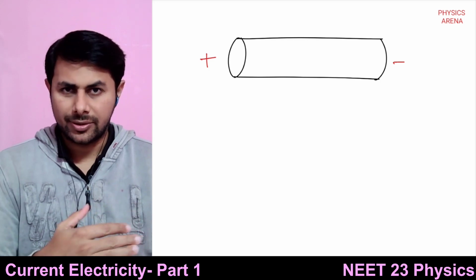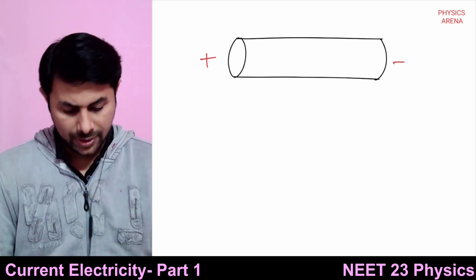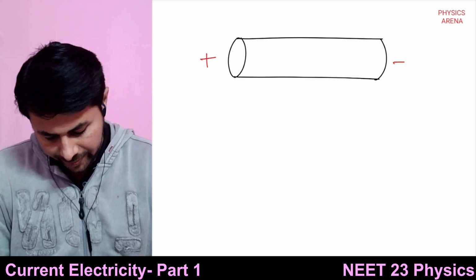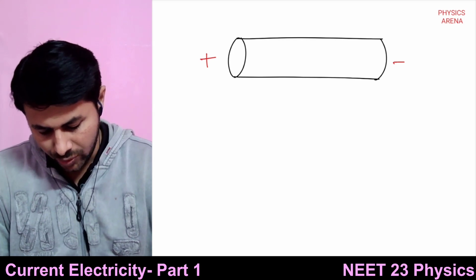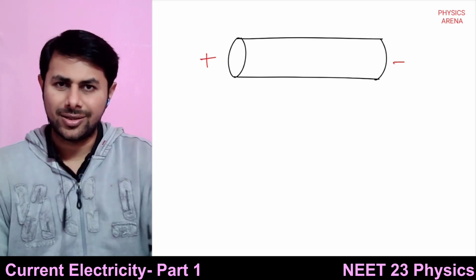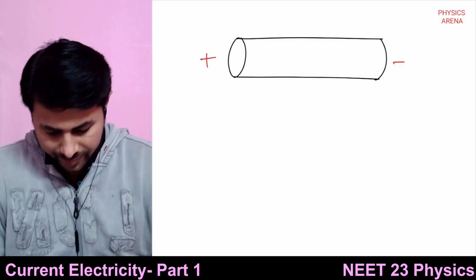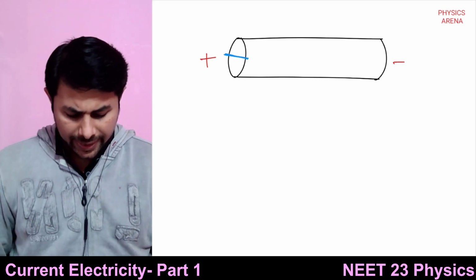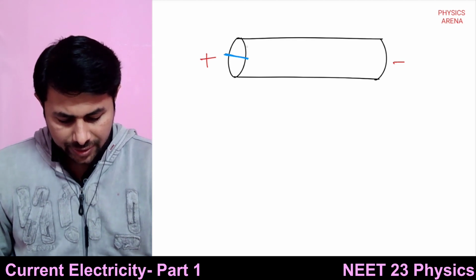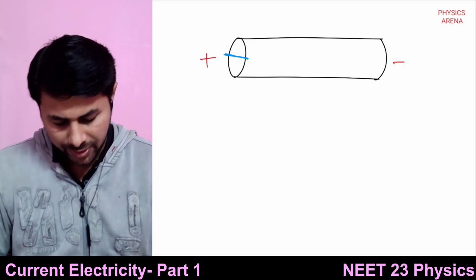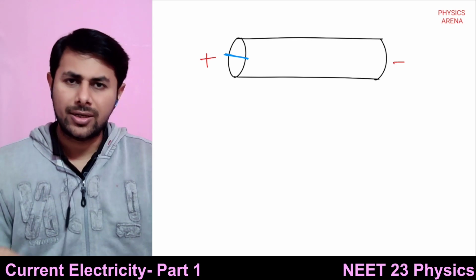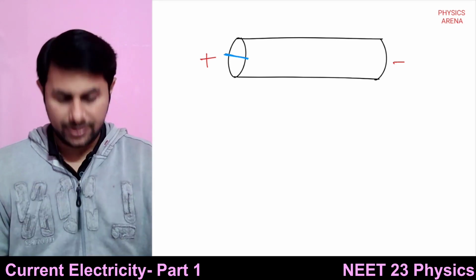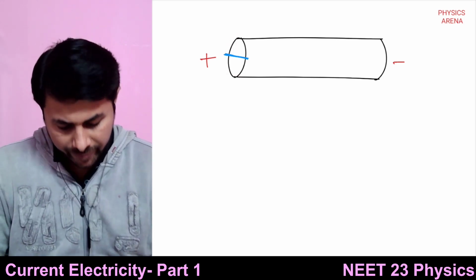Current will flow through it. Okay, electrons will flow through it. So now if I break this cylinder into two pieces, okay, I cut it half, I cut it like this, such that the area of cross section becomes half and half. Okay, so this wire I will cut along the diameter of this circle.